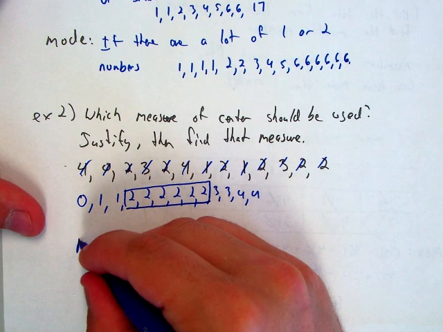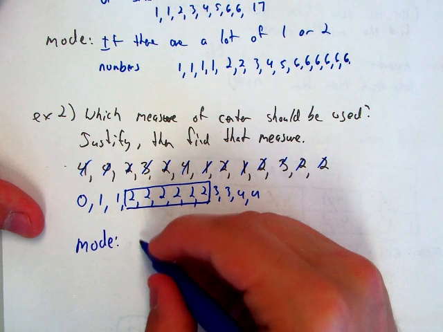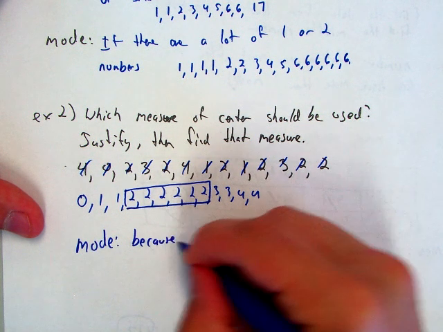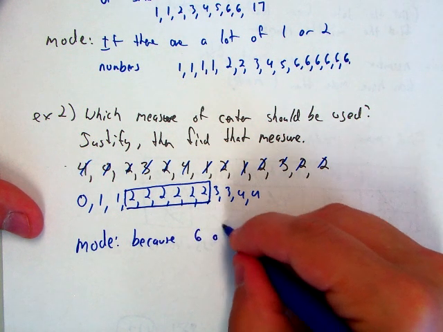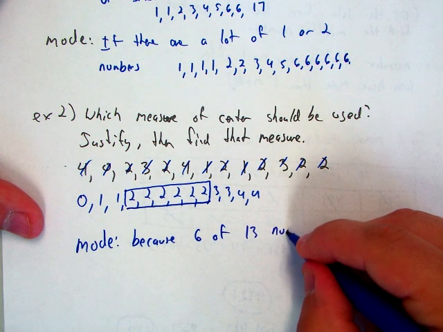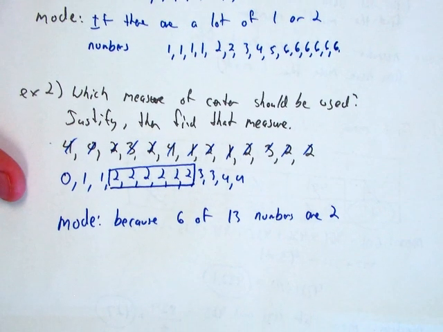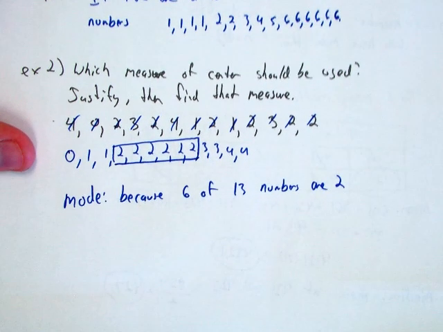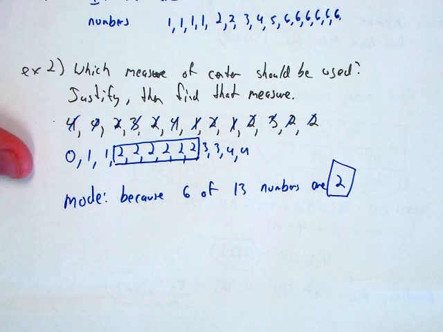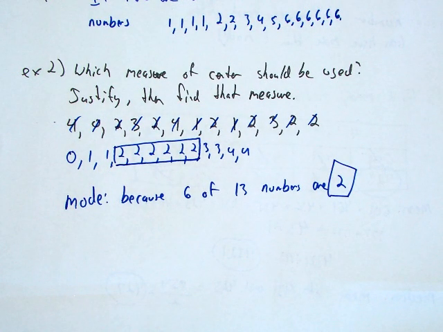So I would want to use the mode, because 6 of the 13 numbers are 2. Then find that measure. Well, the mode is 2. So that would be the measure of center that I would want to use for that data set.